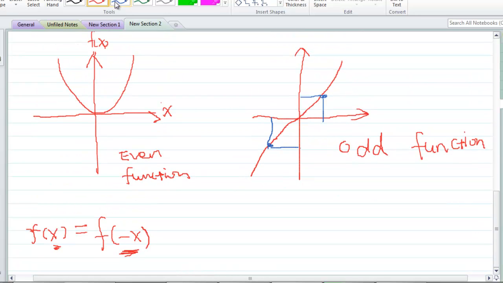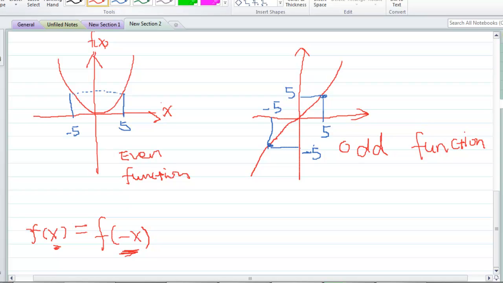If we have a positive x value, for example 5 here, and a negative 5 value here, we basically have the same y value. In this case, this is another 5, and then we get another 5. It looks like a square. And when our x value is negative 5, we have negative 5 for y.